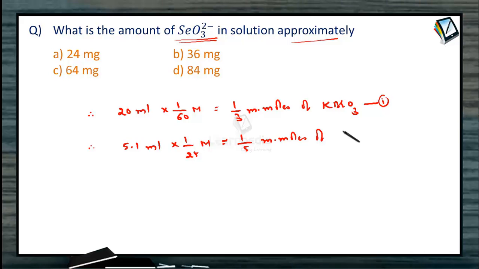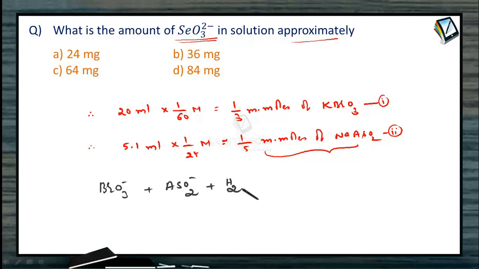Of what? Sodium arsenite, NaAsO2, is consumed for the leftover potassium bromate. For this much sodium arsenite to be consumed, what millimoles of KBrO3 is left over? Let us consider the second equation, where bromate BrO3 minus reacts with arsenite AsO2 minus in solution, water being the solvent, to give bromide Br minus and arsenate AsO4 3 minus plus H plus.